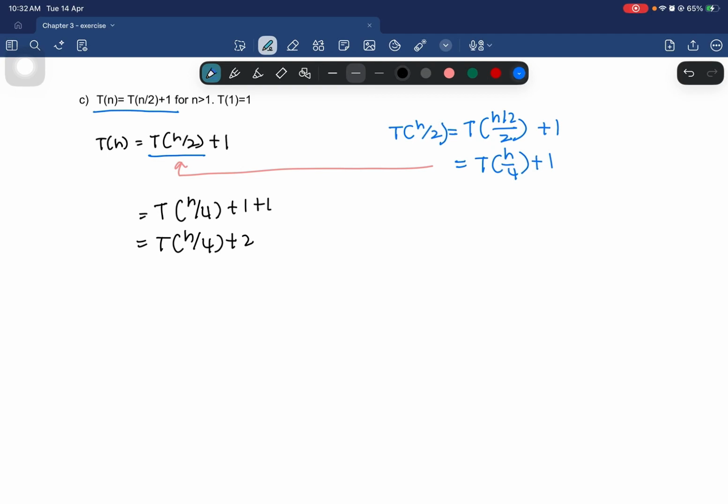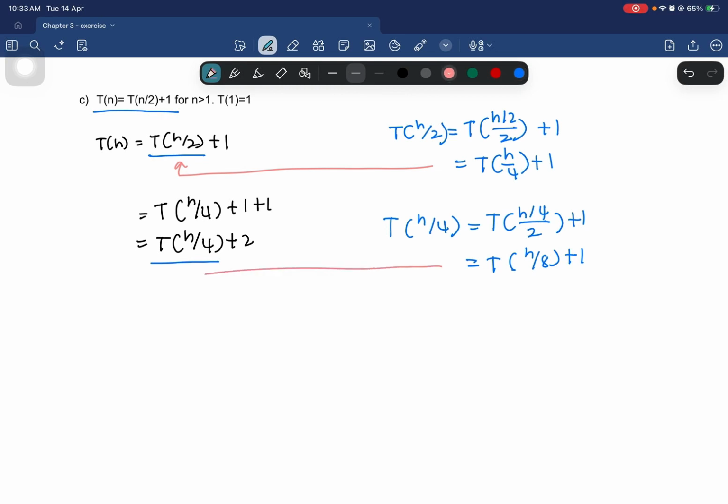So next, we need to find T of n over 4 equal to T of n over 4 over 2 plus 1 equal to T of n over 8 plus 1. Then we substitute this.